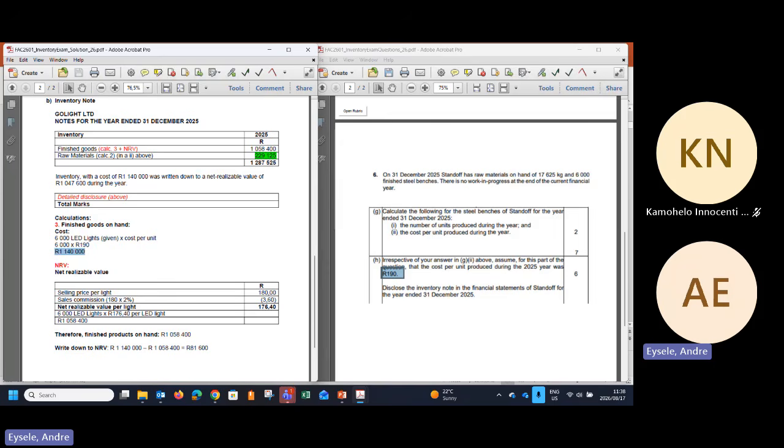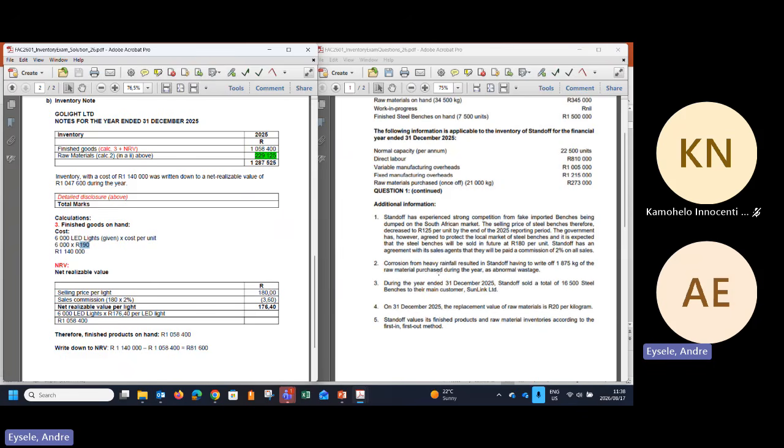But colleagues, remember, we have an item as per the standard that says net realizable value. You need to measure your inventory at the lower of cost and NRV. How do we determine the NRV? Well, they said that the steel benches will be sold in future at 180 rand per unit.